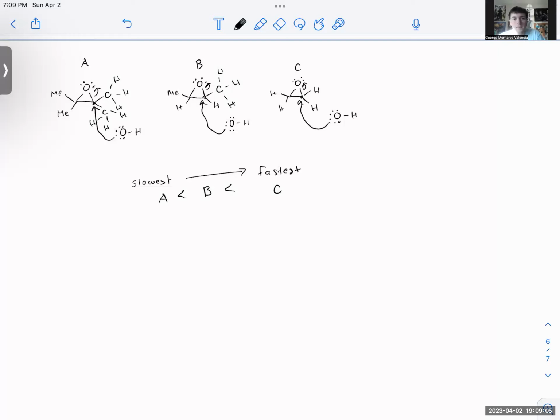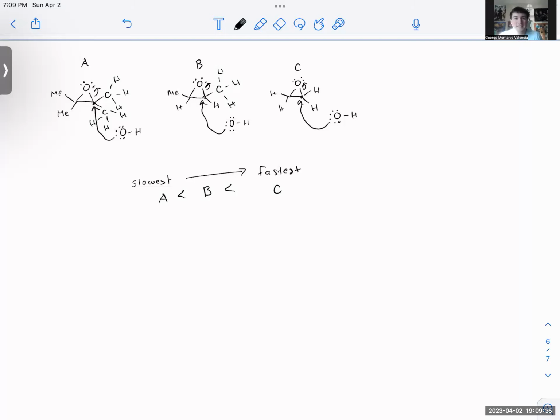Okay. If there's anything like this on the exam where we have to write out an explanation of why this one's faster and this one's slower, I guess I'd say that steric hindrance would cause it to go slower because the methyl groups are in the way. I think you could probably just say A is going to go the slowest because it is more sterically hindered.